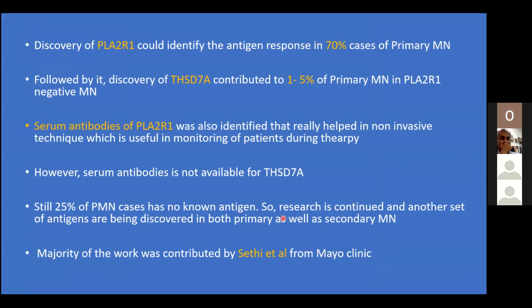So the discovery of PLA2R could identify the antigen responsible in 70% of cases of primary membranous nephropathy, followed by the discovery of thrombospondin type 1 domain containing 7A, which contributed 1 to 5% of primary membranous nephropathy in PLA2R negative cases.